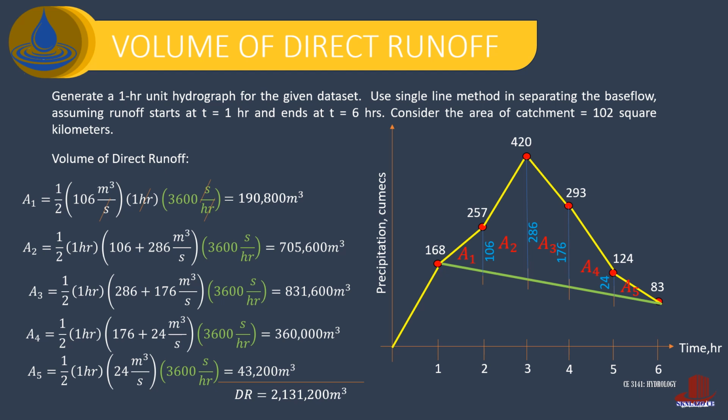Take the summation of these areas and have the volume of direct runoff as 2,131,200 cubic meters.